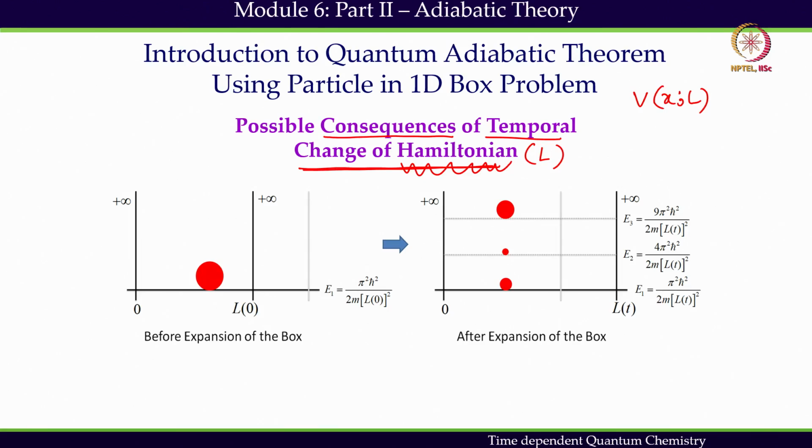So, when we are looking at the general consequences of temporal change of a Hamiltonian, before the expansion of the box, let us assume that the particle was in the ground state. So, this is the particle which I am showing, and the circle is showing the population, the full population I have in the ground state. The diameter shows what kind of population I have.